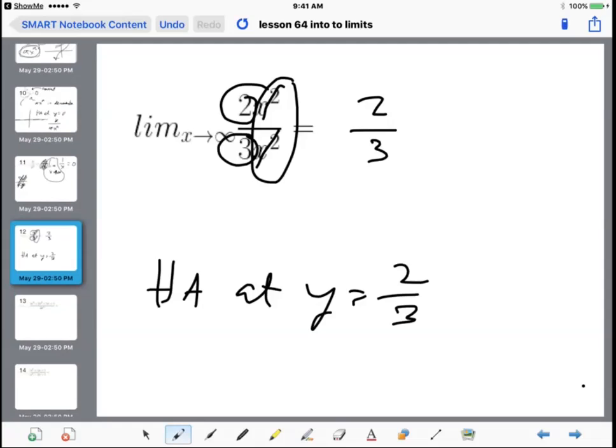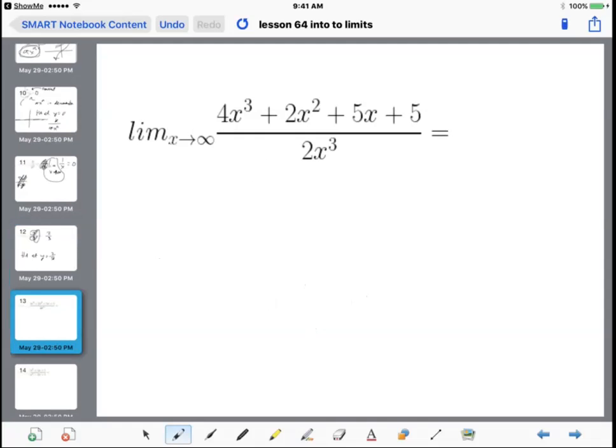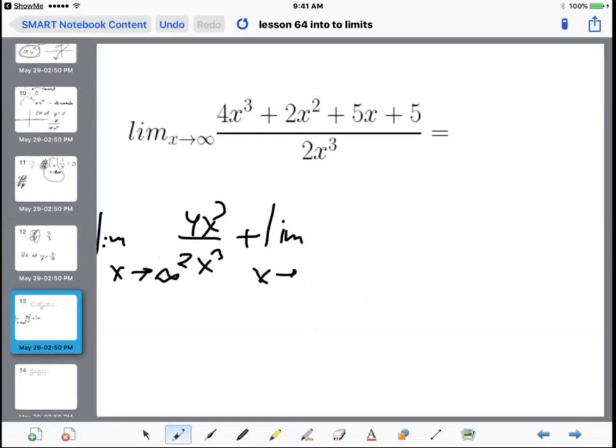Okay, I'm almost done with this lesson. Here is a more complicated expression with the numerator having a bunch of terms in it. And when that happens, you are permitted to split it up.